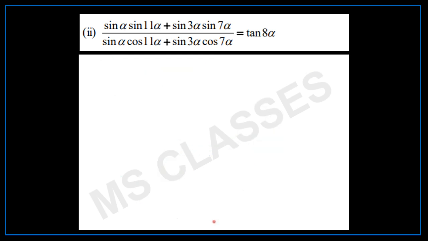So we take back the formulas first. Cos C minus cos D is minus 2 sin((C plus D) by 2) into sin((C minus D) by 2).